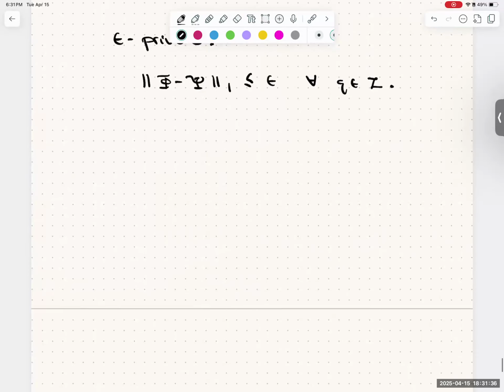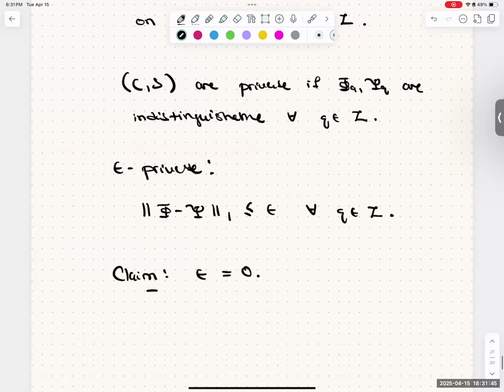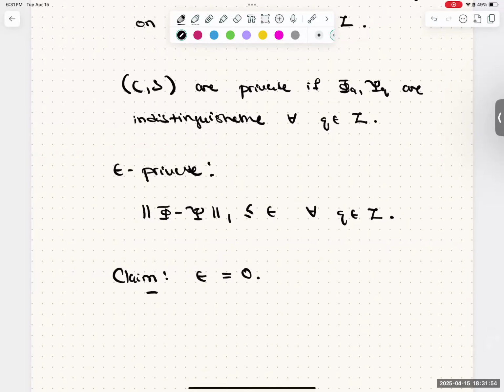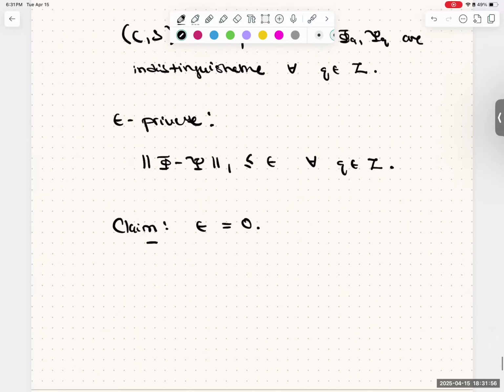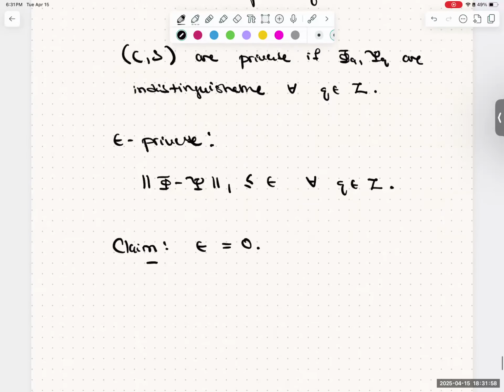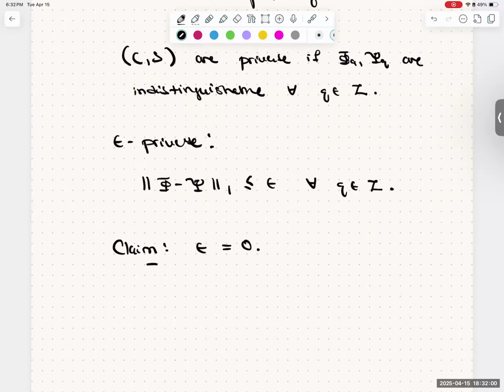And in fact, the claim is that epsilon equals 0. So there's no amount of information gained by the server in this process at all. I think this part is a really, really tricky proof that they do here.